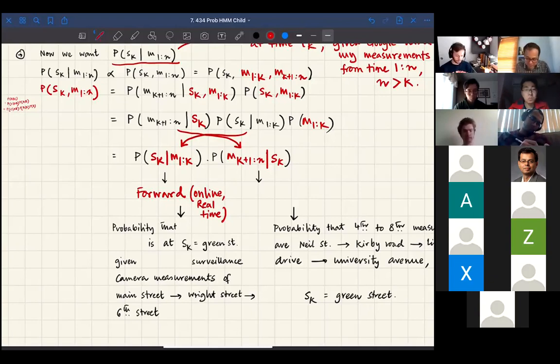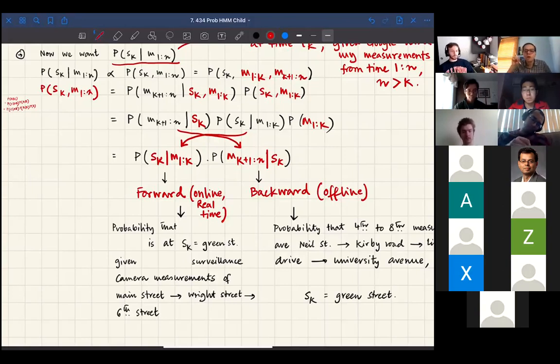Right? This is called backward. And this has to be done offline. Right? Google, only because Google has my future data, it can do a better estimate of where I was at SK because it has data all the way till N. Okay? So this is why this part is the offline.